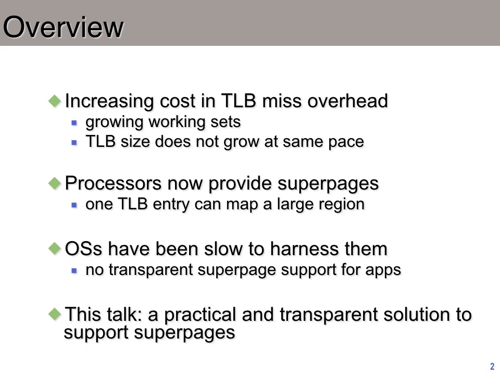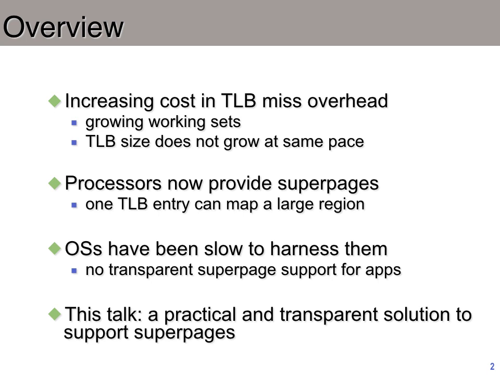So what is the problem we are addressing? We know that the TLB is used to cache virtual to physical page number mappings. The more mappings stored in the TLB, the fewer TLB misses we have, and the MMU has to do fewer page table walks.